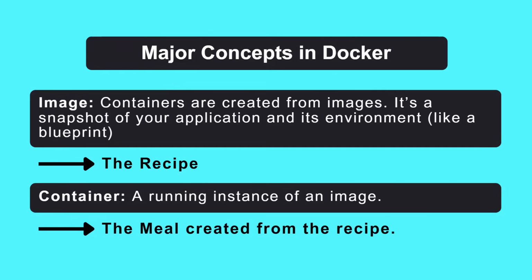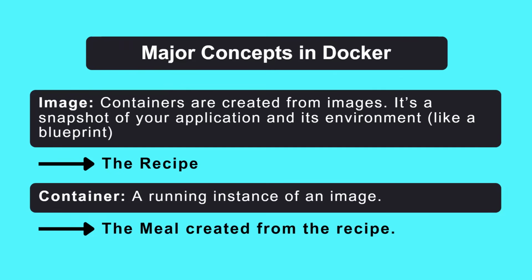What is meant by Docker image? Containers are created from images. But what is an image? It is a snapshot of your application and its environment, like a blueprint. For example, if I want to build my new house, what I will do first is create a map of my house.